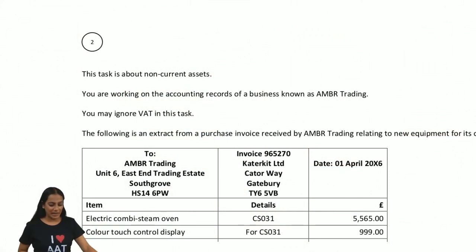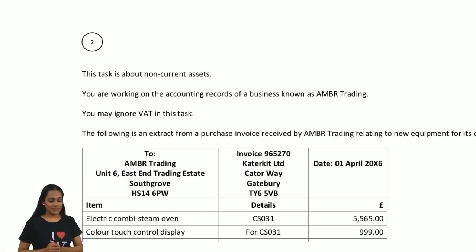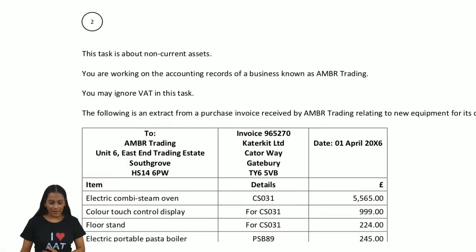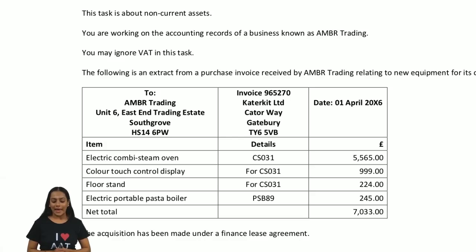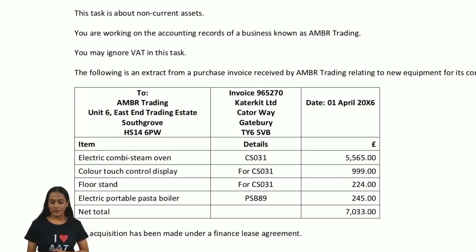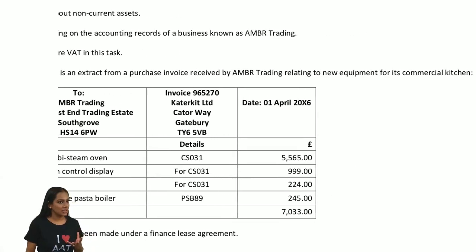registers. Okay, so this task is about non-current assets and you are working on the accounting record of a business known as AVBK Trading. You may ignore VAT in this task, and the following is an extract from a purchase invoice received by AVBK Trading relating to new equipment for its company, and it's also relating to its kitchen.